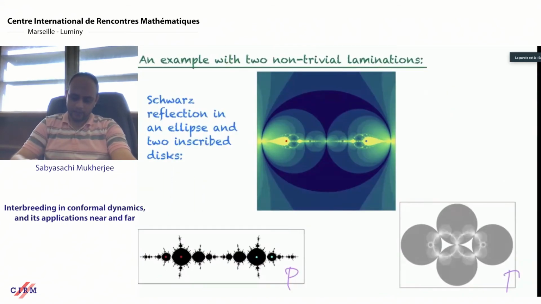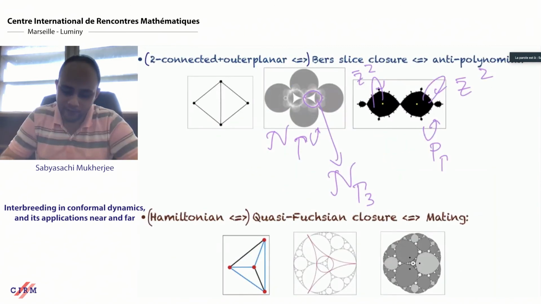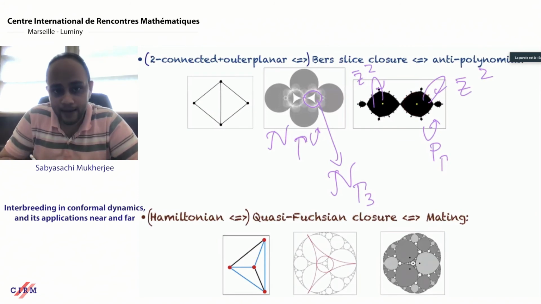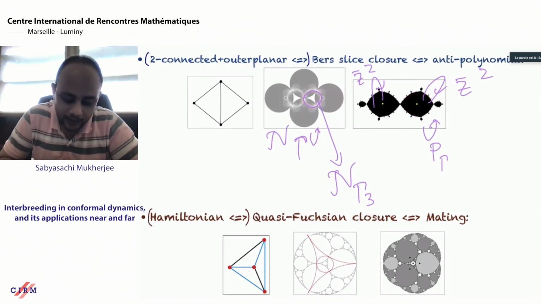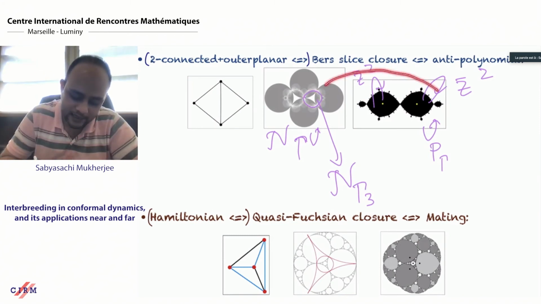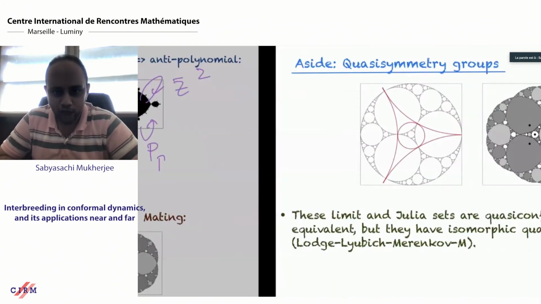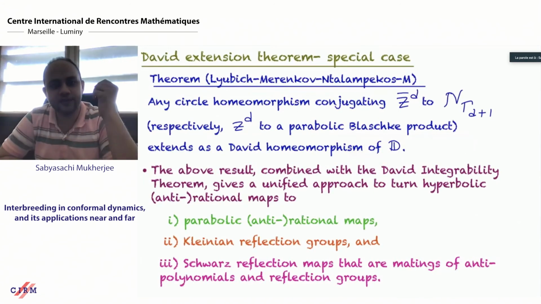Unfortunately, in our case, the map z-bar square over here is an expanding map, whereas the Nielsen map here is a parabolic map. These are parabolic fixed points. So the conjugation between z-bar to the d and the Nielsen map is not quasi-symmetric. The standard recipe of simultaneous uniformization à la Bers does not work.